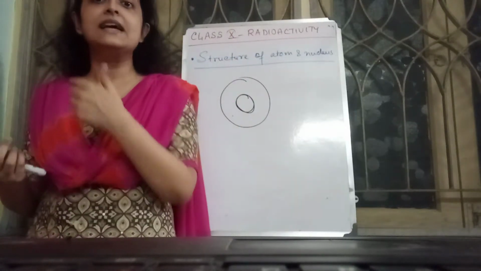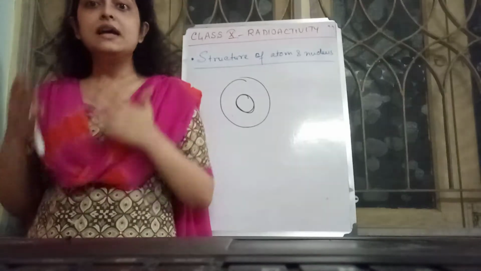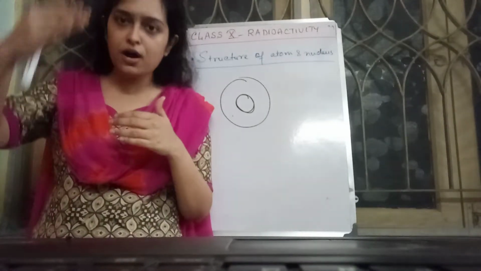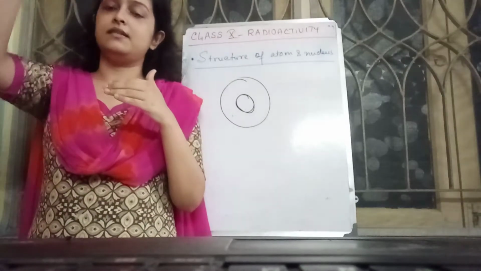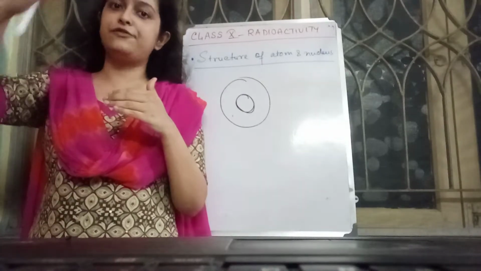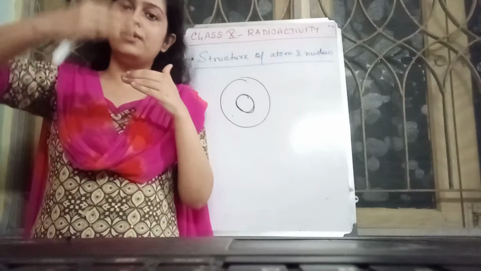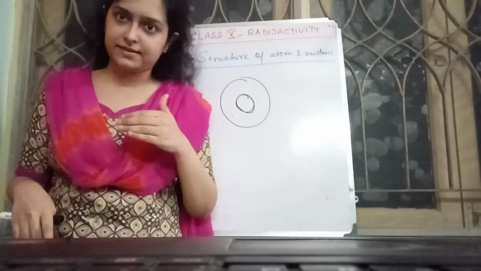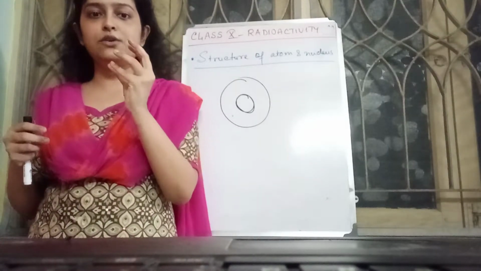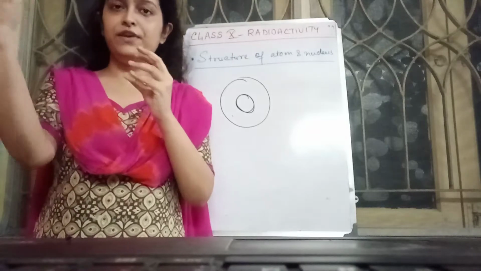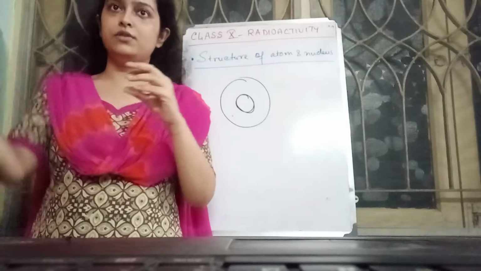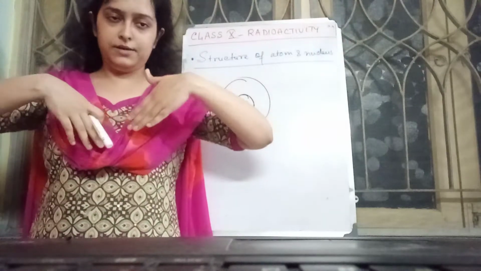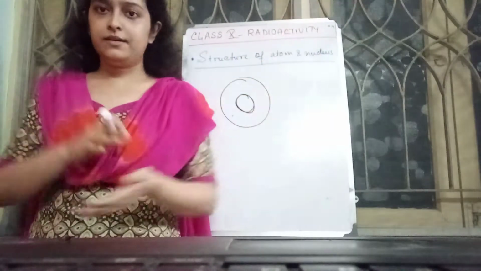Stationary orbits or different energy levels, because in different orbits the electrons will possess different energies, and as we move away from the nucleus, the energy of the electrons will increase. So what is the binding force of the nucleus for which the electrons can revolve around it instead of just moving away?